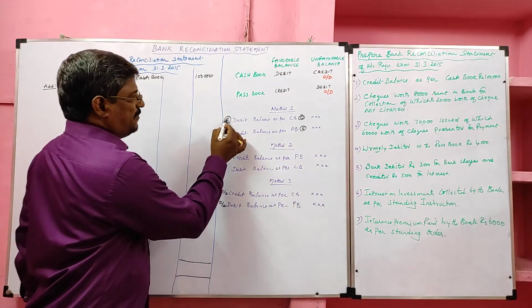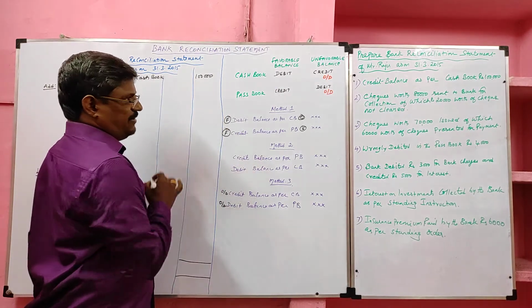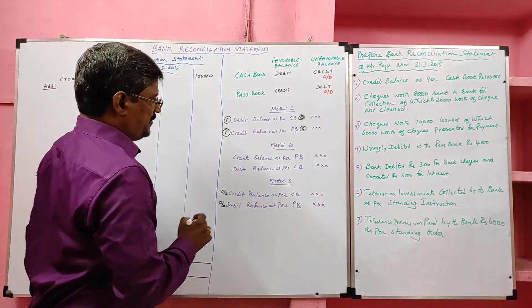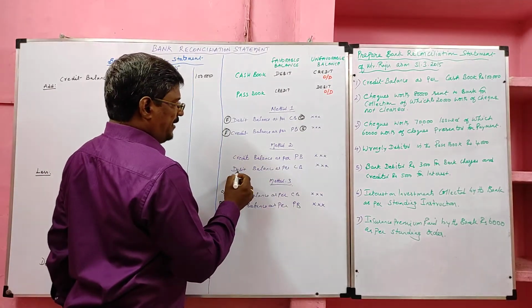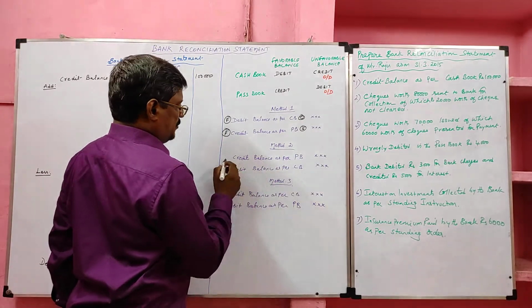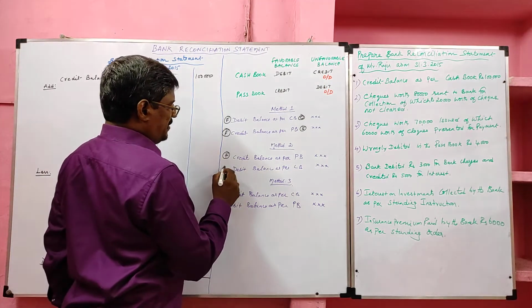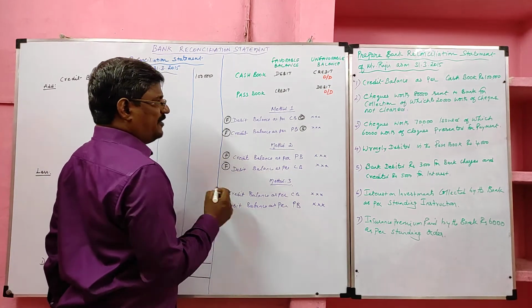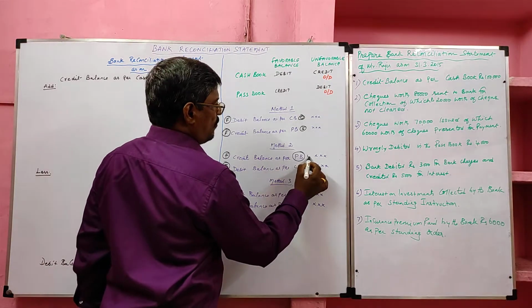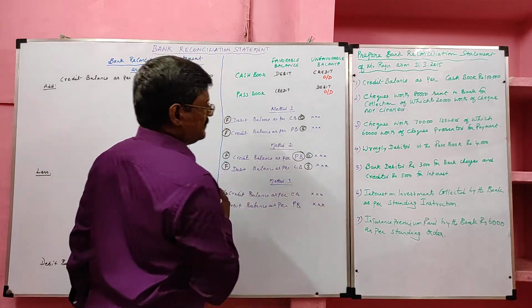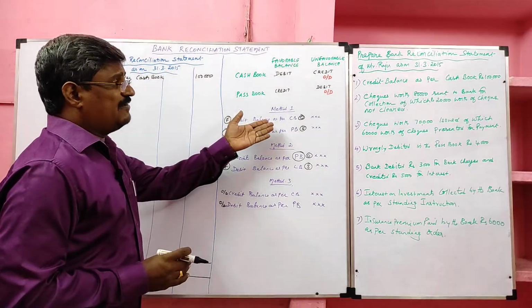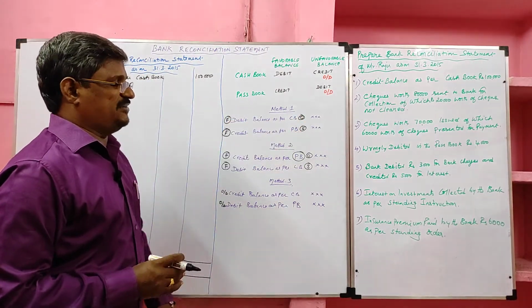Then in method 2, starting point is credit balance as per passbook, ending point debit balance as per cash book, both favorable. For passbook we gave opposite effect, for cash book we gave same effect. So if it is starting with favorable balance, we should give opposite effect.